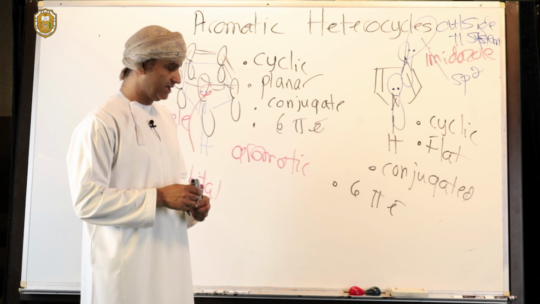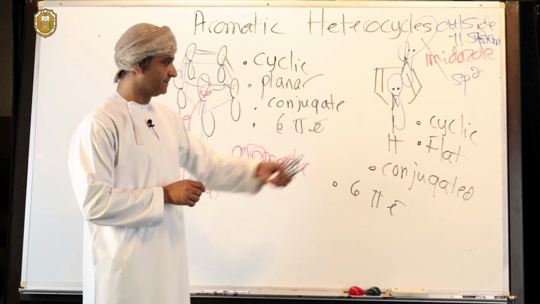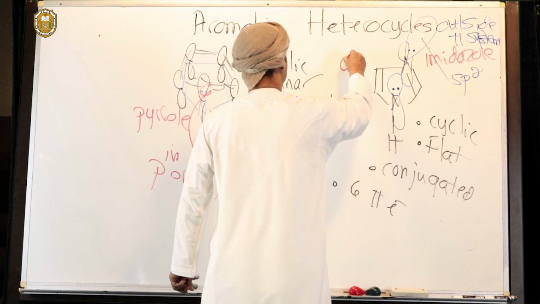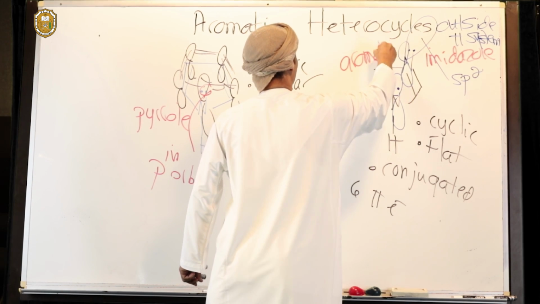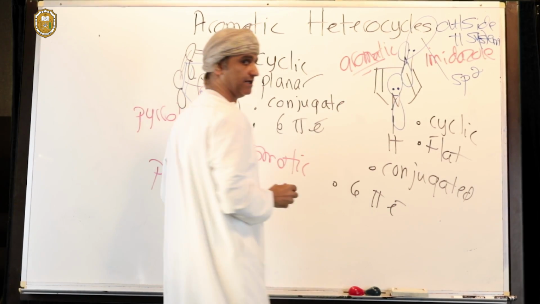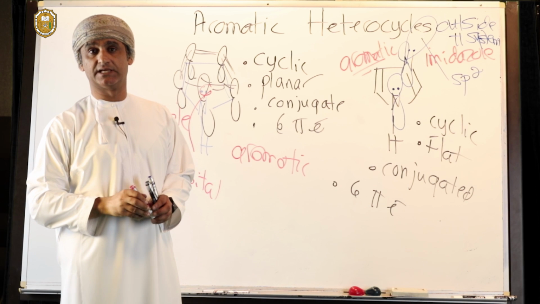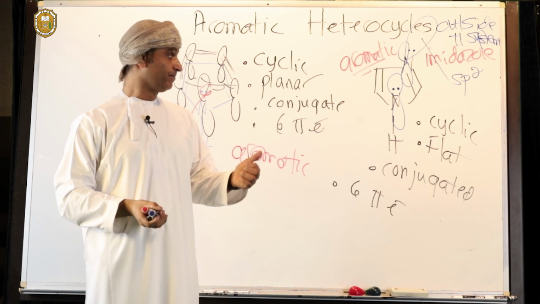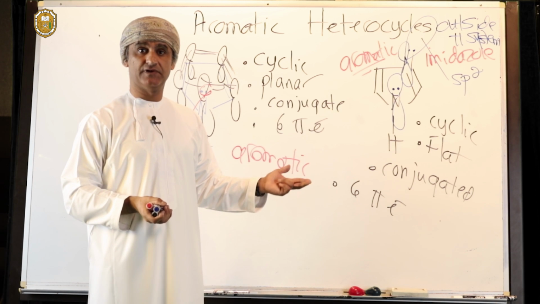Therefore, imidazole, since it has fulfilled all aromaticity requirements, is aromatic. Being a 5-membered heterocyclic compound, it is aromatic because it is cyclic, conjugated, flat, and has 6 pi electrons.